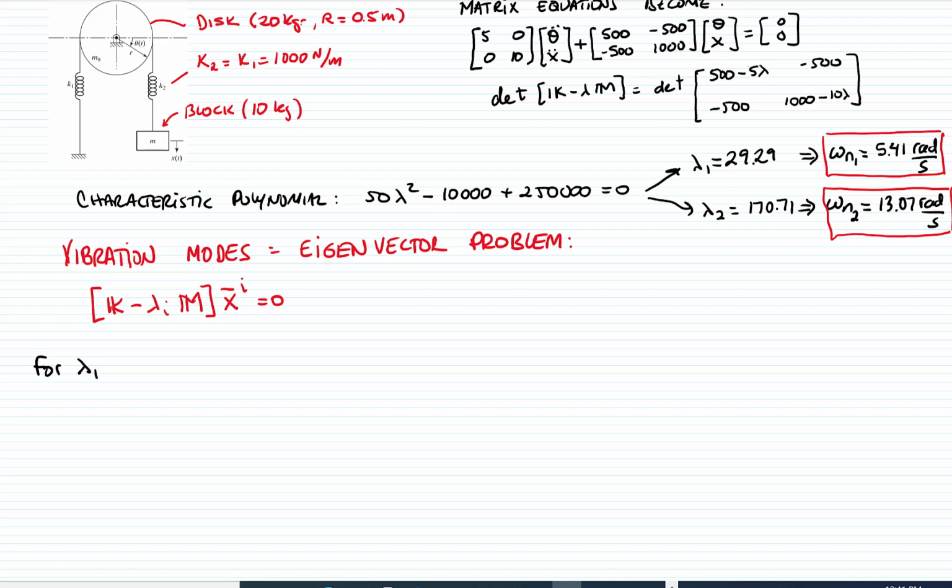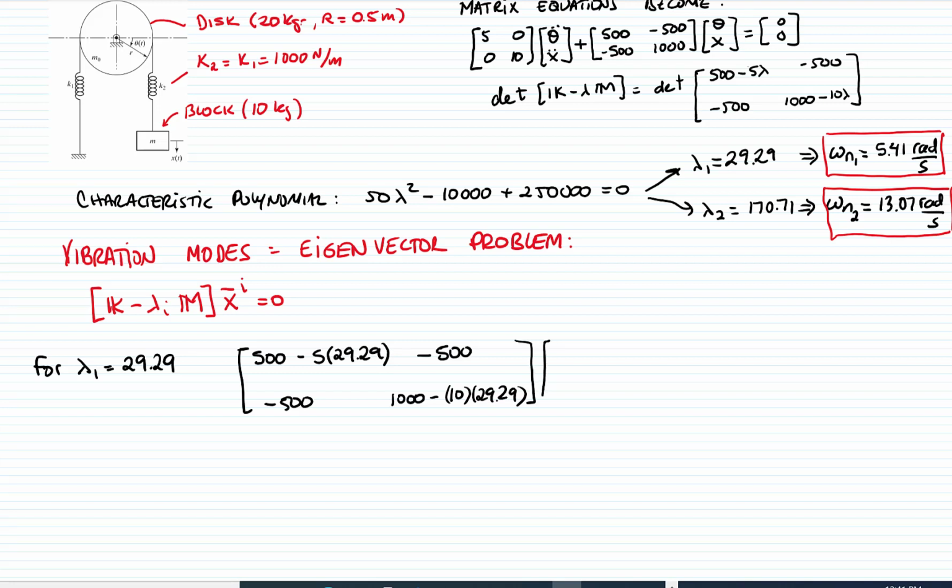So let's do that for lambda 1 equals to 29.29 in my matrix that was 500 minus 5 lambda and minus 500, minus 500 and then 1000 minus 10 times 29.29, and this matrix multiplies my vector.